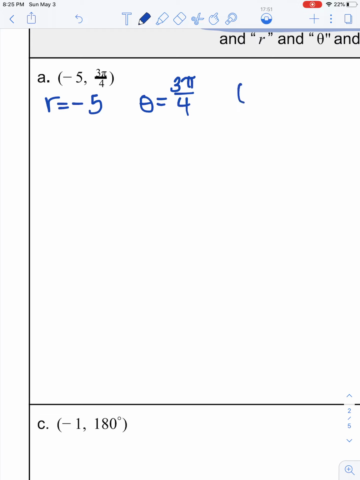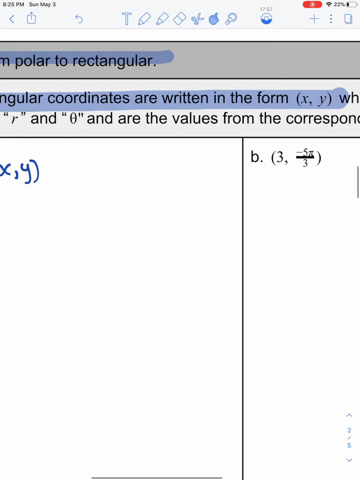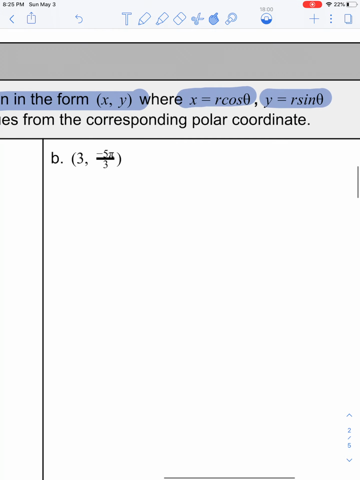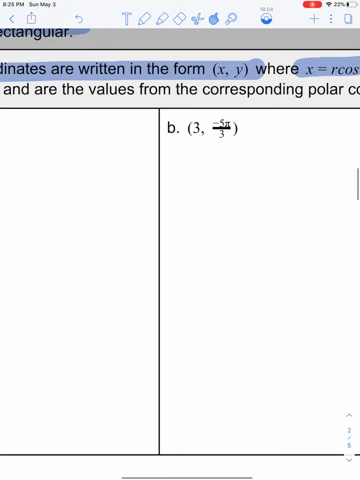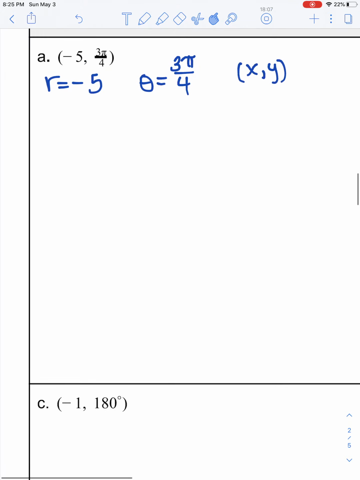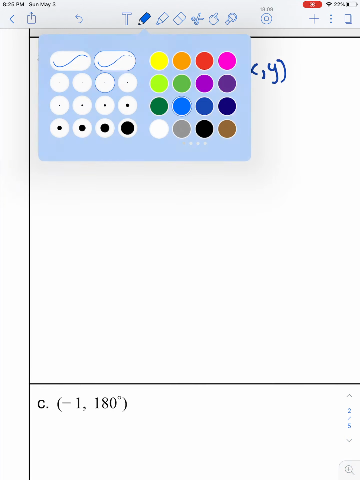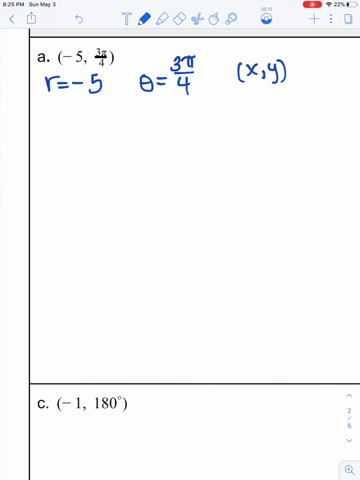And our goal is to get to the place where we can write a point x comma y. And all we're going to do is use the equations from this introduction that say x equals r times cosine of theta and y equals r times sine of theta. So we'll go ahead and set these up. We have that x is equal to r, which is -5, cosine of theta, which is 3 pi over 4.